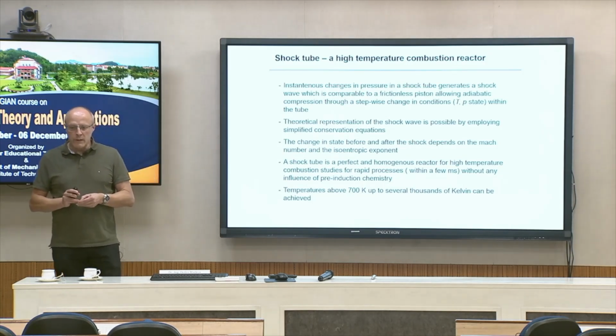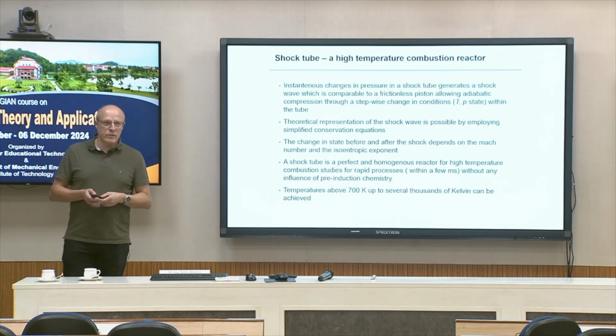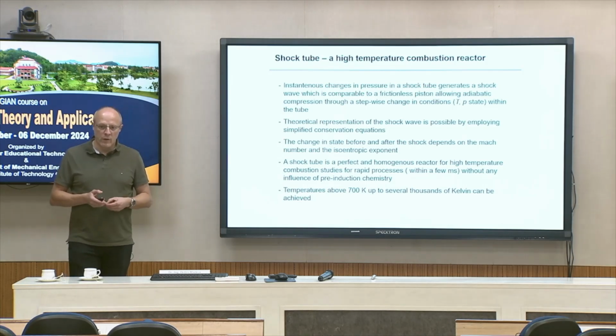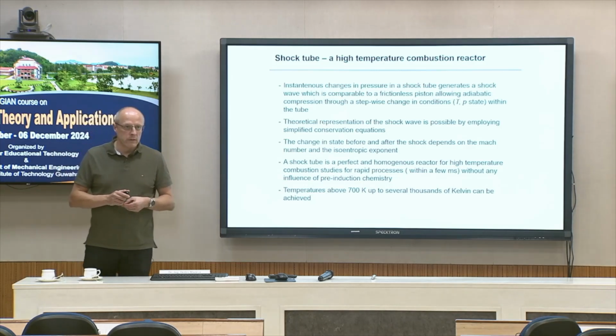So, and again, this can be seen as a perfect homogeneous reactor. So again, a simple 0D calculation is sufficient to examine the reactions, the chemistry we see, also with a numerical model.